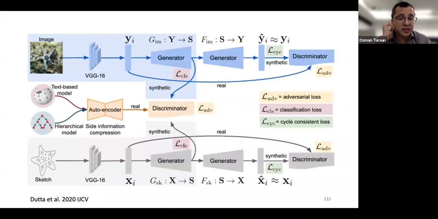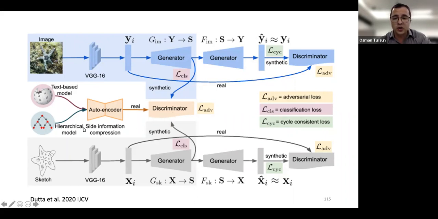And also the common problem in zero-shot sketch-based image retrieval is that the training framework is so complex, it's not efficient. For example, this is one of the state-of-the-art approaches. It uses two different backbones for the two different domains, and also uses a generative adversarial network to map this visual embedding to the common embedding of a language model.